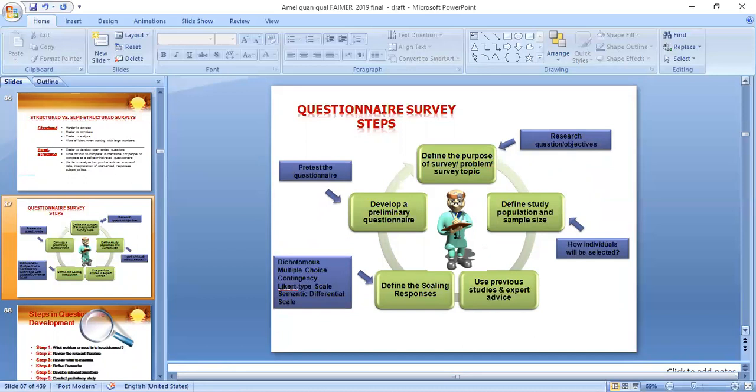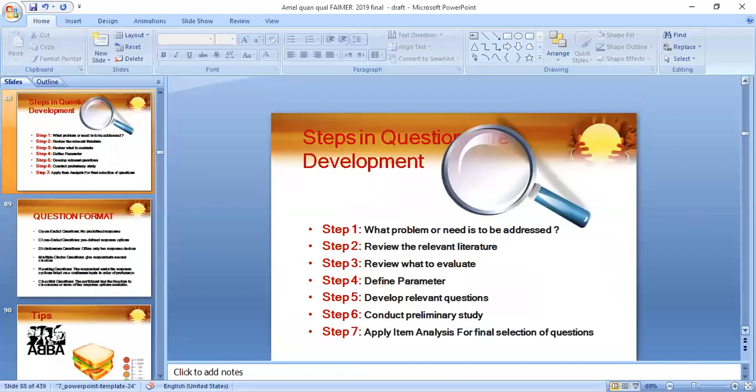We have to define the scale, which scale we are going to use, either dichotomous, multiple choice, or Likert type, like strongly agree, agree, disagree, and so on. And then we have to do a preliminary questionnaire, trying it on a small group of participants, and then we can implement it in a larger group of participants.